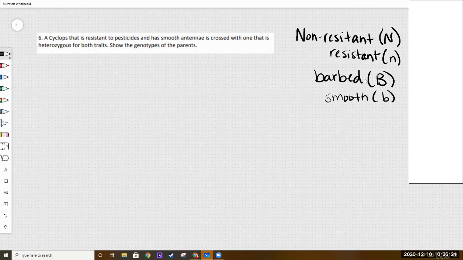If you don't know what barbed antennas are, let me show you. This is it.